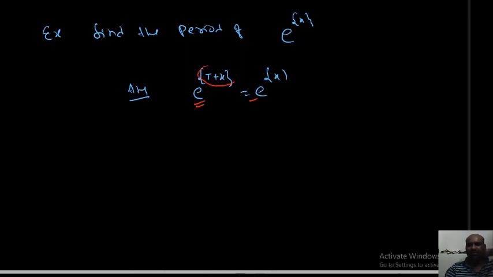Just this should be equal to this. What values of t work? 1 only. That's why the period of e power fractional part of x is also 1 only. So the period is 1. Students, another example: e power cos of logarithm of... they will try to confuse you.